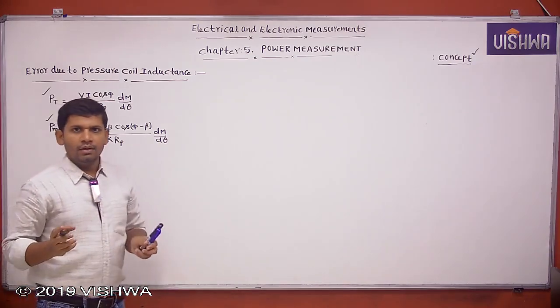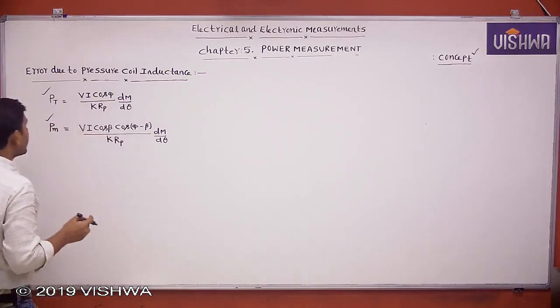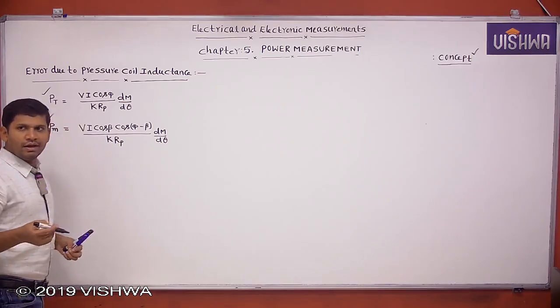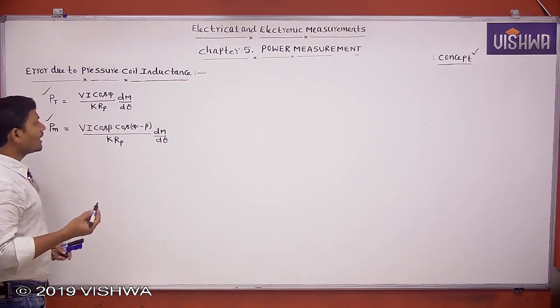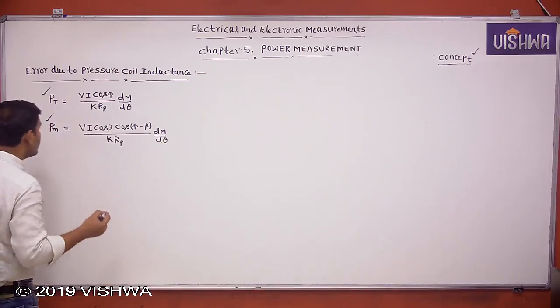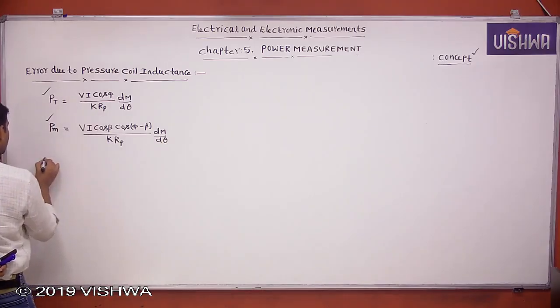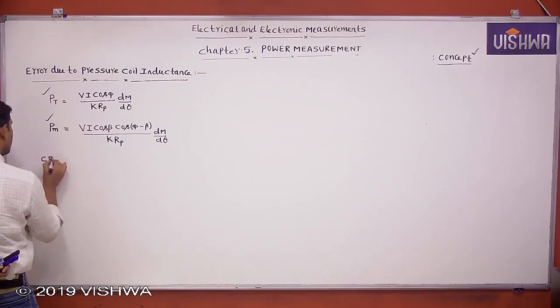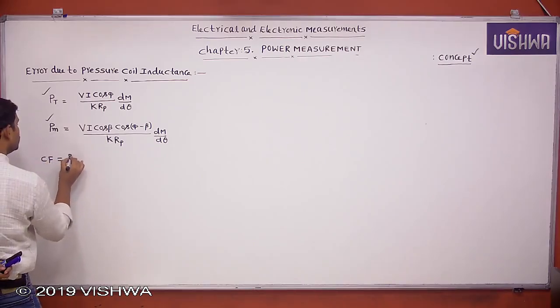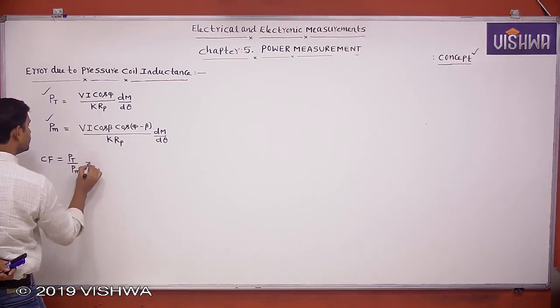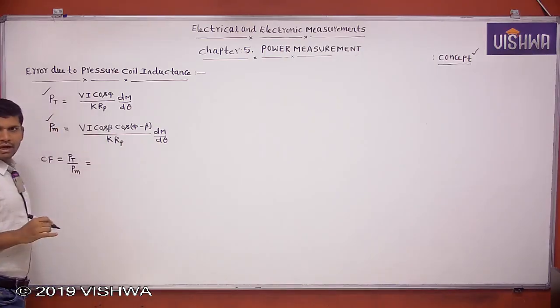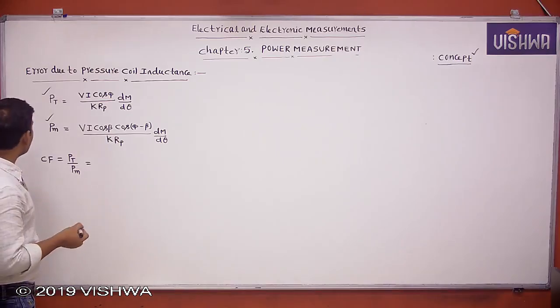Now first I want to define the correction factor. Later on I will calculate the error due to pressure coil inductance. Correction factor equals true power by measured power. Wherever we are calculating the correction factor, you can define it like this.